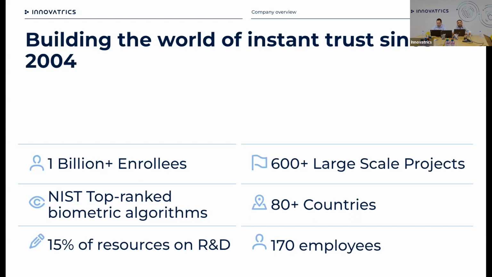So far, we have reached the milestone of more than 1 billion enrollees worldwide in over 600 large-scale projects, in over 80 countries. The headcount is 170 employees, and we are proud to say that 15% of the resources are dedicated to research and development. This is actually what has let us be in the top ranked on the NIST benchmarks of biometrics.